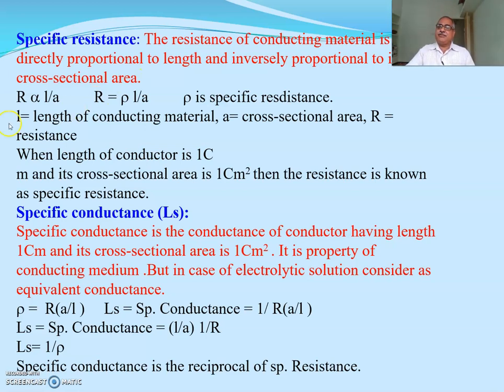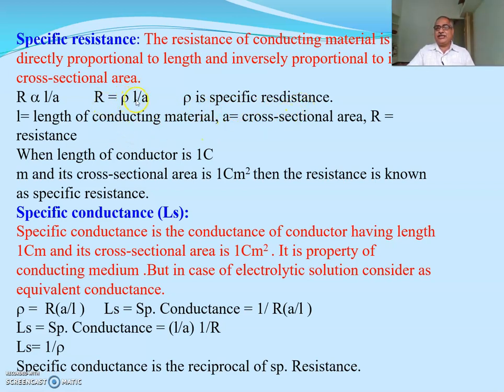So R is equal to rho into L by A, and this rho is known as the proportionality constant, the specific resistance.